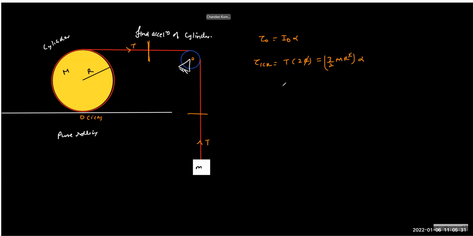R cancels. T turns out to be 3 by 4 m a, where a is nothing but the acceleration of the center of mass. So we are done.